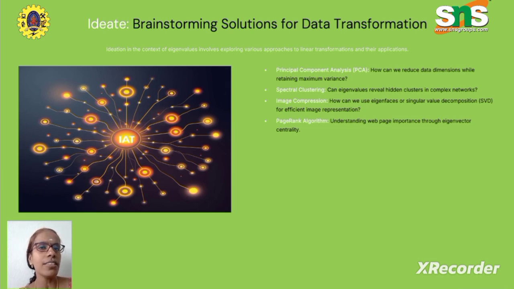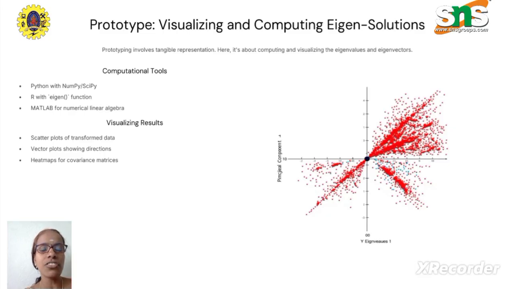We will move on to the next stage, which is prototype. So here we are going to visualize the eigen solutions, as shown in this figure. Visualizing and computing the eigen solutions. Here, prototyping involves tangible representation, computing and visualizing the eigenvalues and eigenvectors.